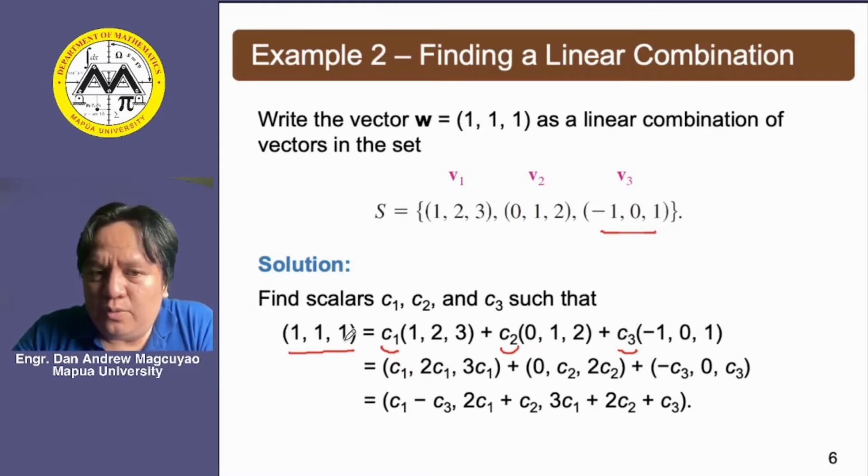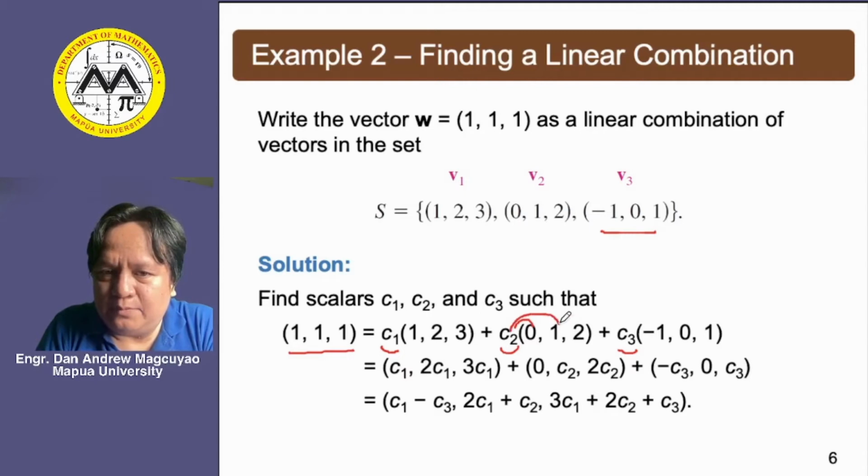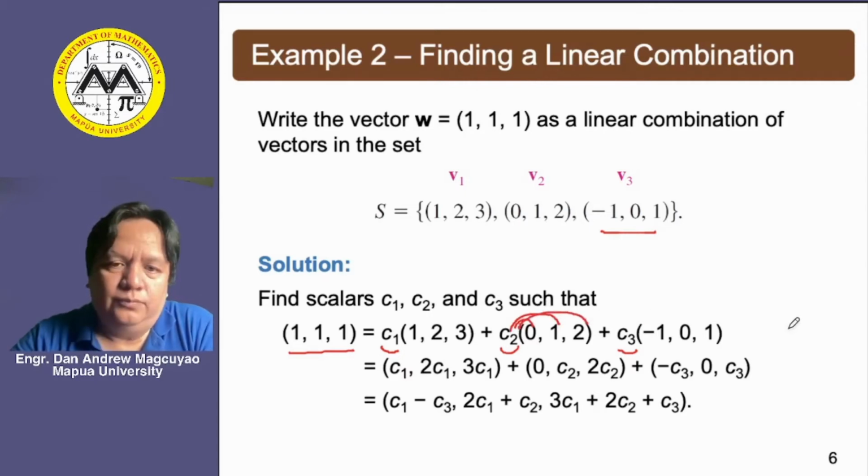So is (1, 1, 1) equal to c1 times the first vector (1, 2, 3), c2 times (0, 1, 2), and c3 times (-1, 0, 1)? If we're going to distribute c1, that would be c1 times 1, c1 times 2, c1 times 3. And the same with the other elements: c2 times 0, c2 times 1, and c2 times 2.